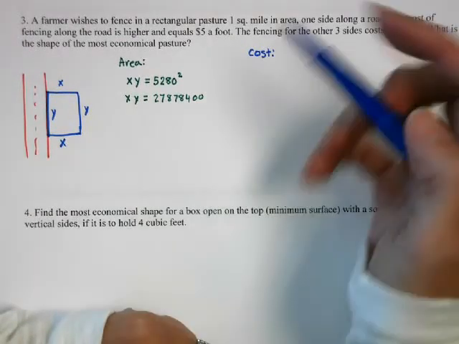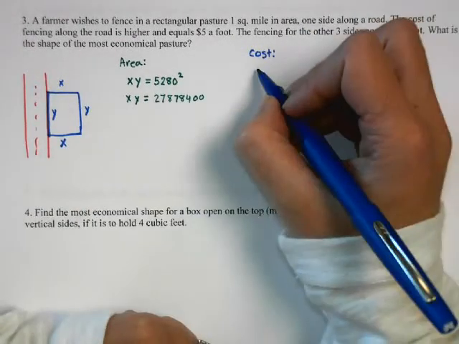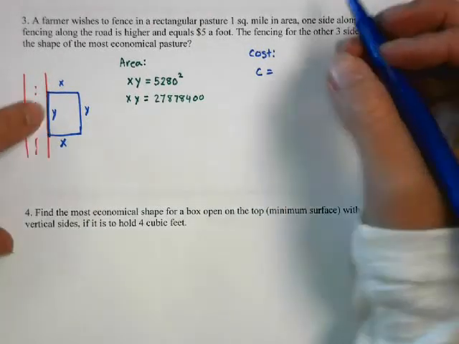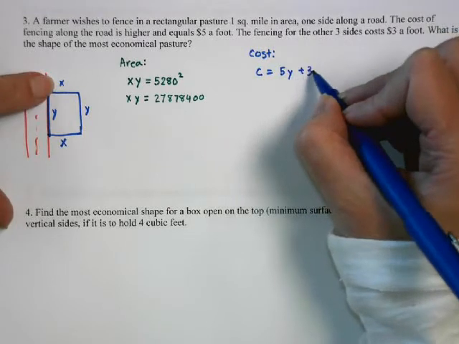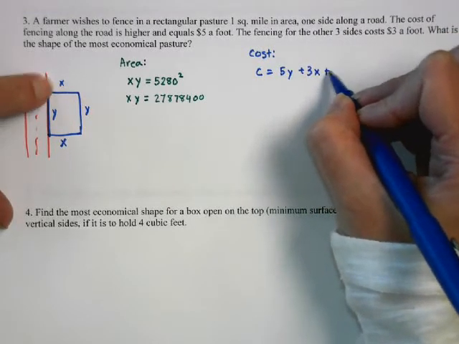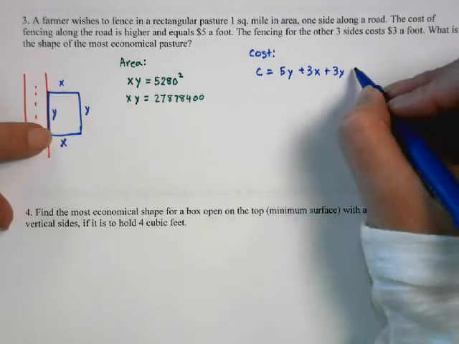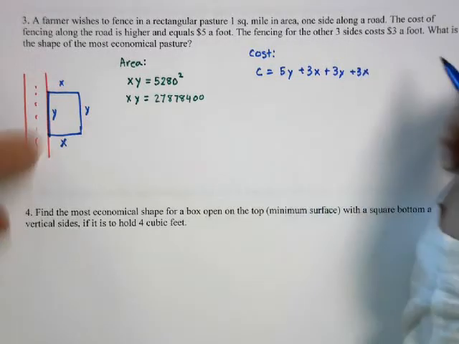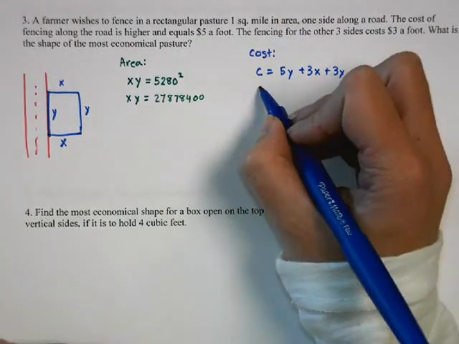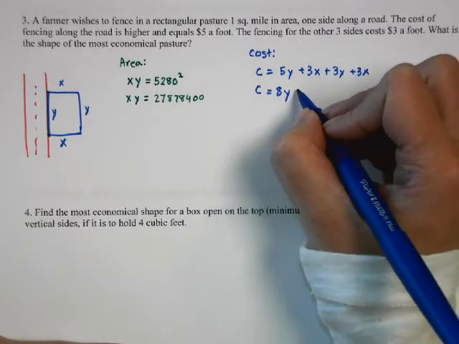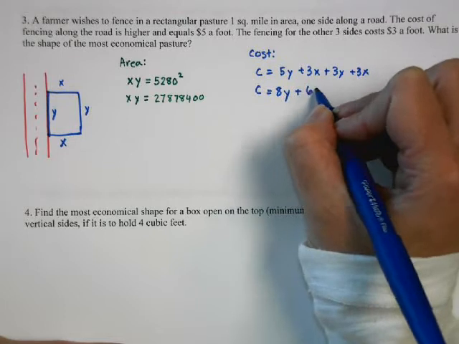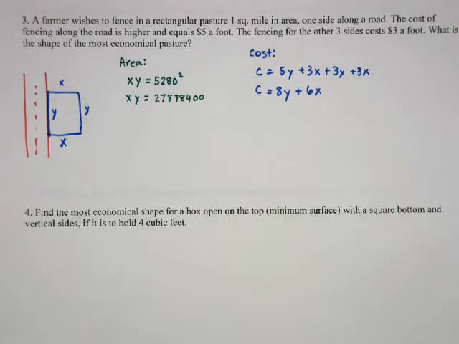So the cost per foot is going to be 5 times this y plus 3 times x plus 3 times y plus 3 times x. So my cost is going to be 8y plus 6x.